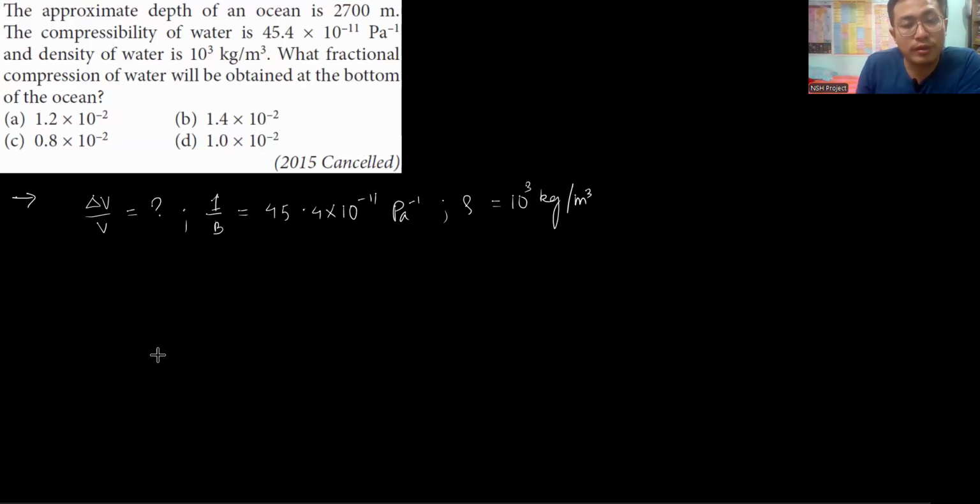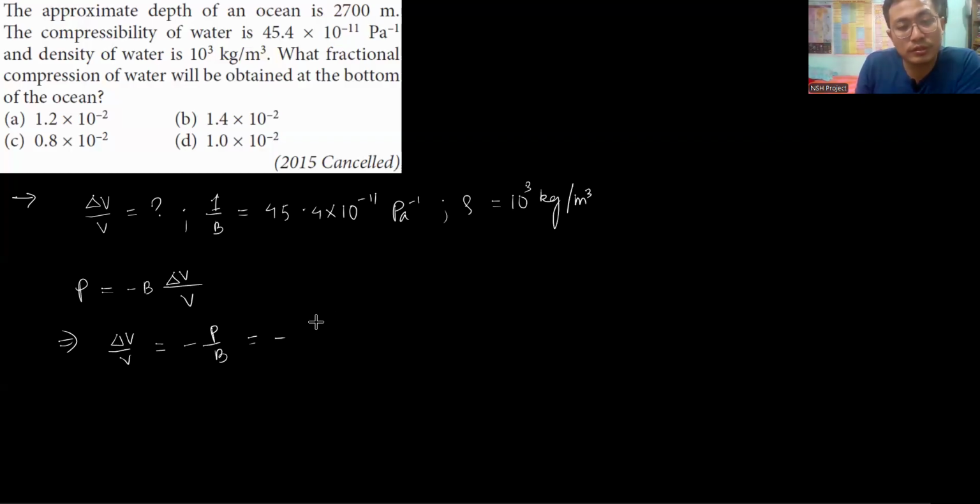So the pressure P is equal to minus B delta V upon V, therefore delta V upon V is minus P by B.